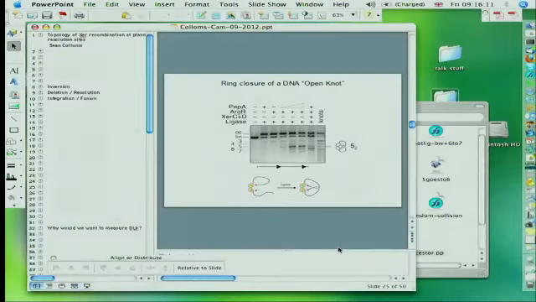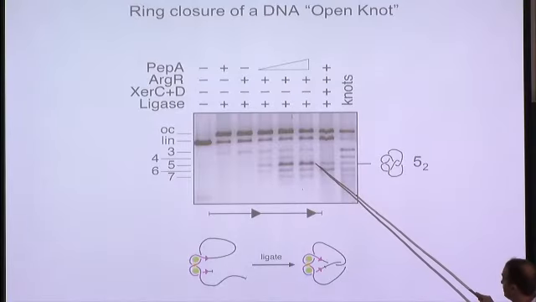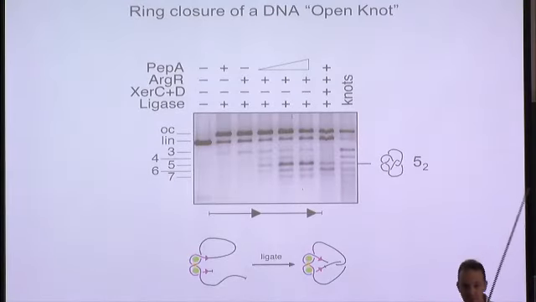Have you quantitated it? These experiments were done a while back, but I don't remember actually quantitating it, no. But you might be getting almost one-to-one unknot to this 5 knot. Yeah, there's quite a bit of it there.